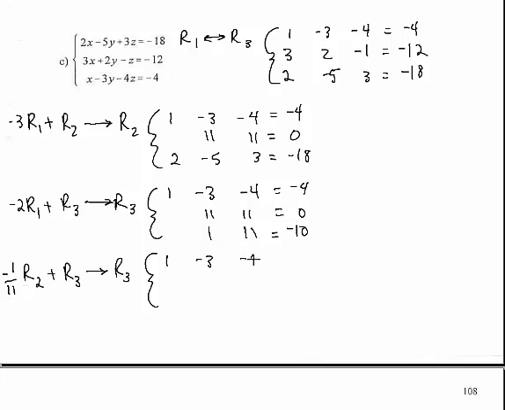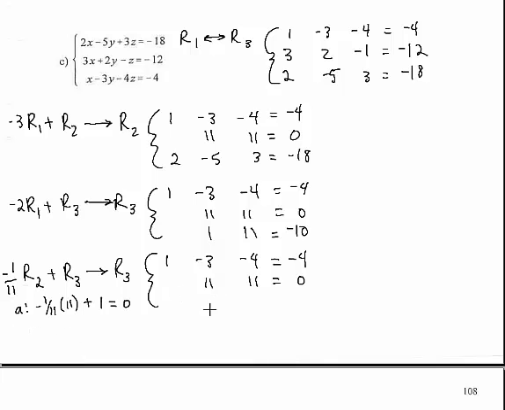So nothing's going to change about the first and second equations, only the third. And so now I have A is negative 1 over 11 times 11 plus 1. That gives me a 0.